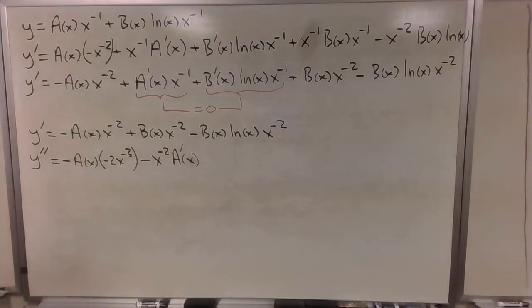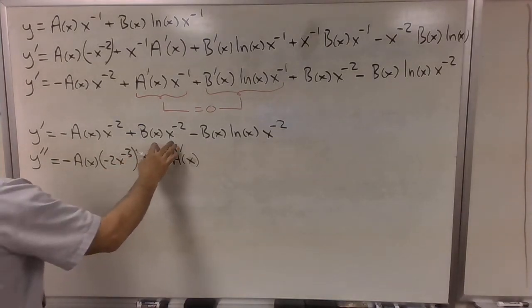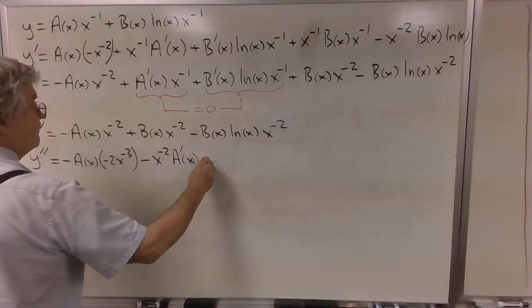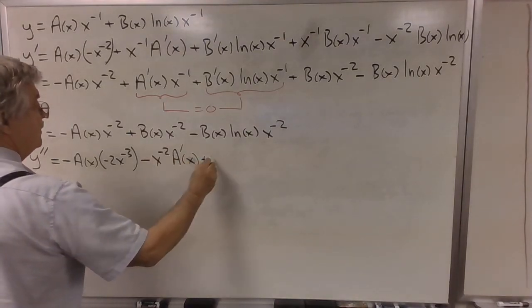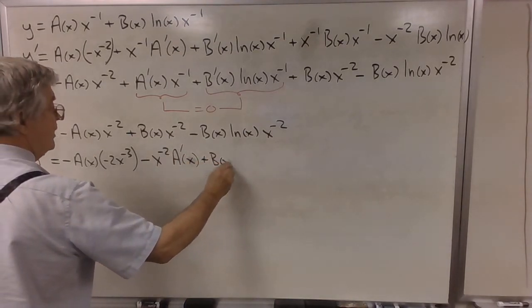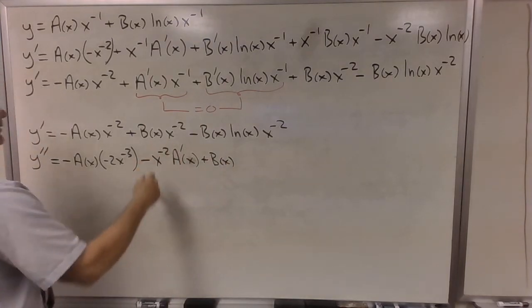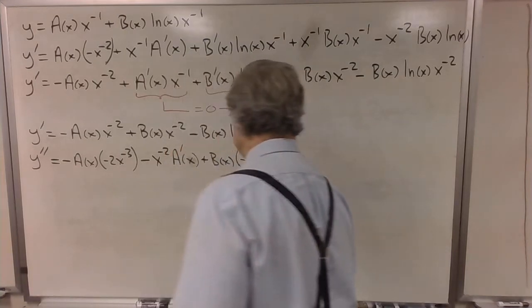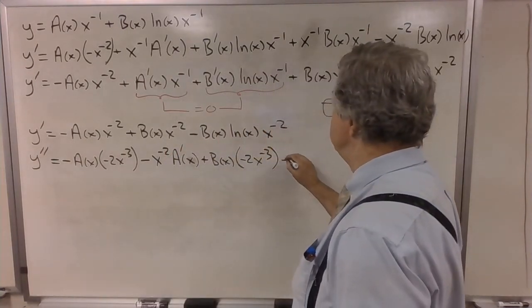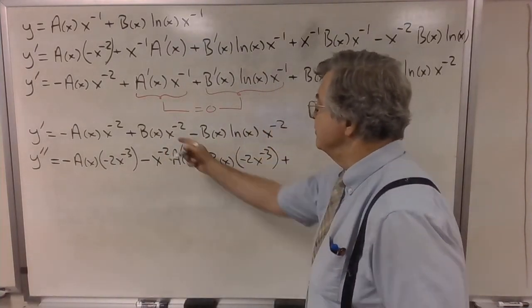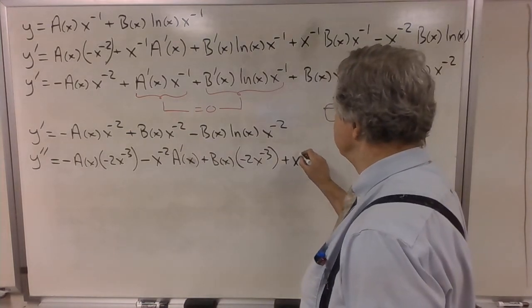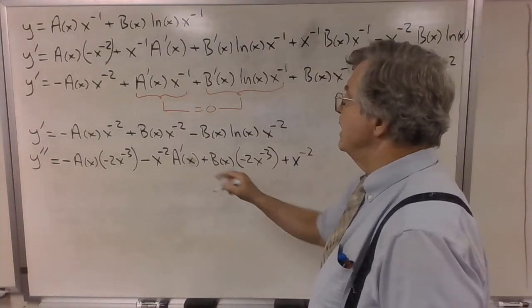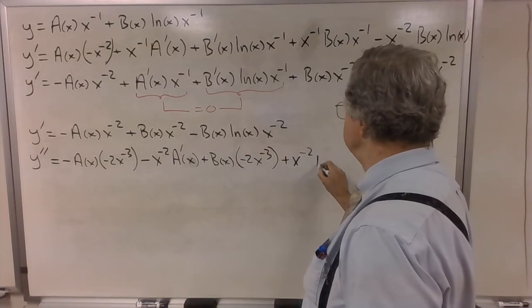Okay. We got a product here. First times derivative of the second, plus the second times derivative of the first.